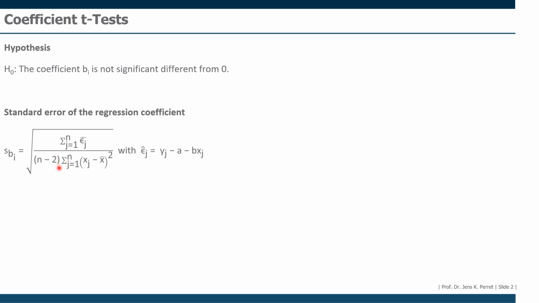Divided by, well, this looks quite familiar because this is more or less the same as with the variance. So we have the error divided by the variance part.